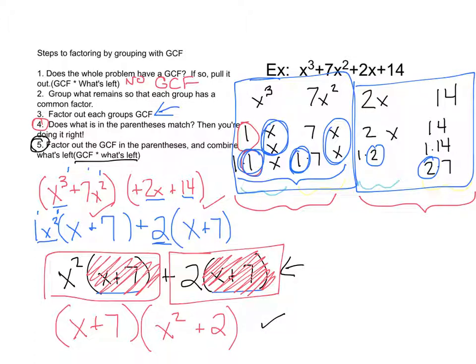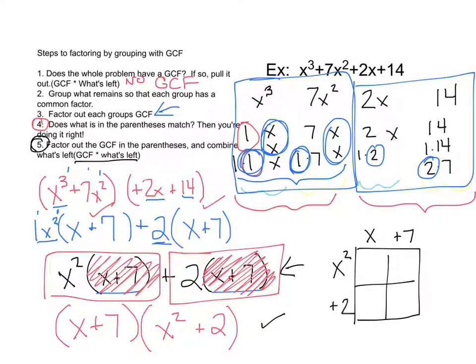And remember, the easy way to check these answers is to go ahead and multiply them out. For example, if I wanted to use the box method, I would simply put x and a positive 7 on top, x squared and a positive 2 on the left-hand side, and start multiplying.